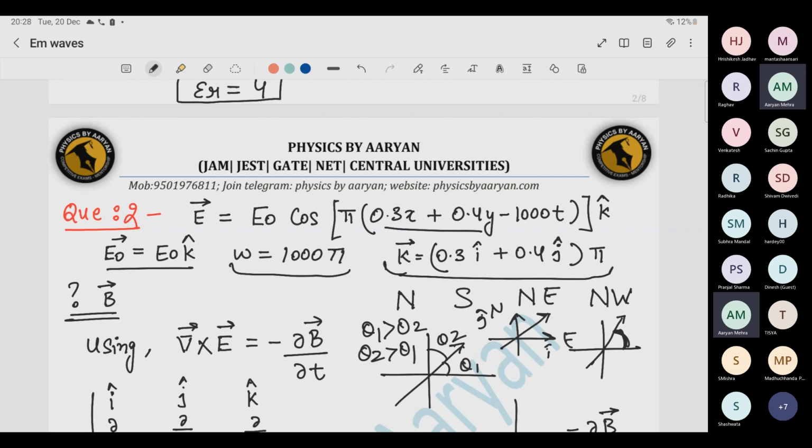Now tell me in which direction your electric field is oscillating. The k cap, Z direction, out of the plane. So now, do you think there is a great amount of liberty here?